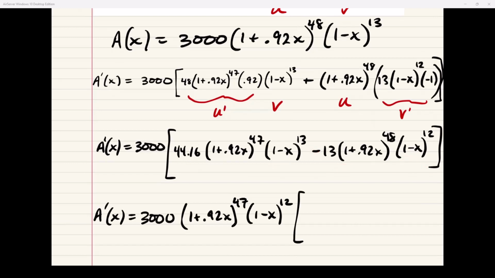So what's remaining would be the 44.16, and there would be a single factor of 1 minus x from the first term, because I just took out 12, and there were 13 factors there.